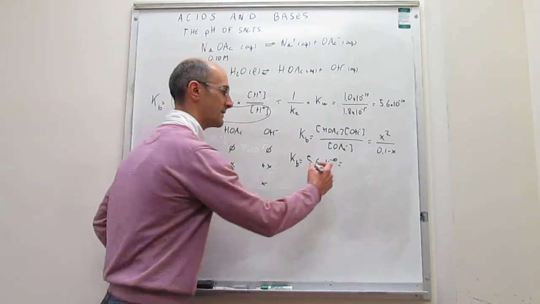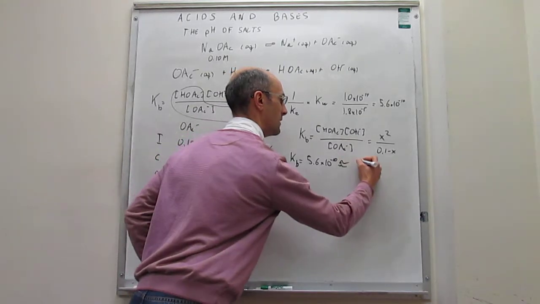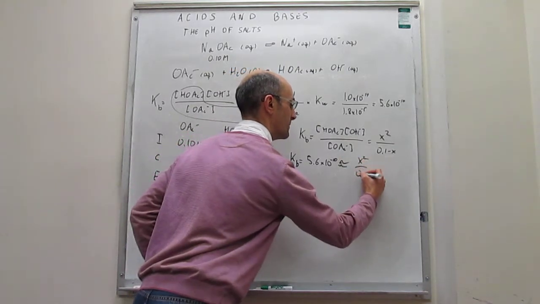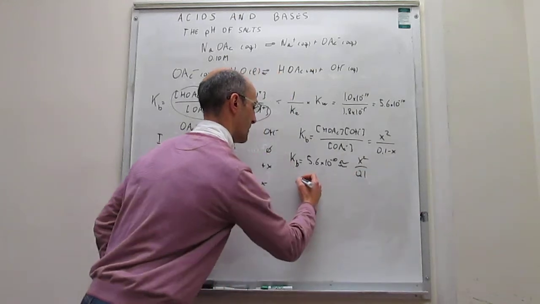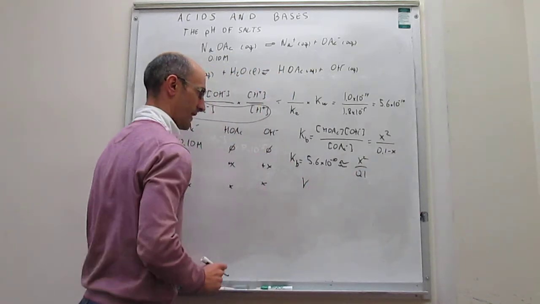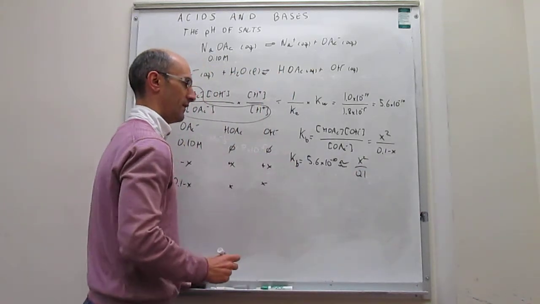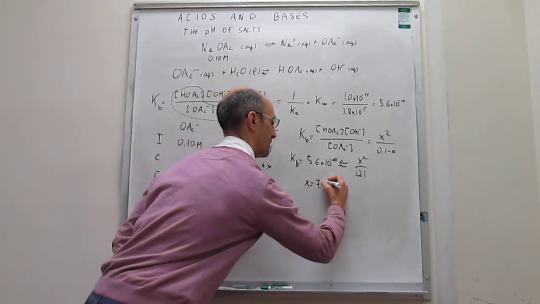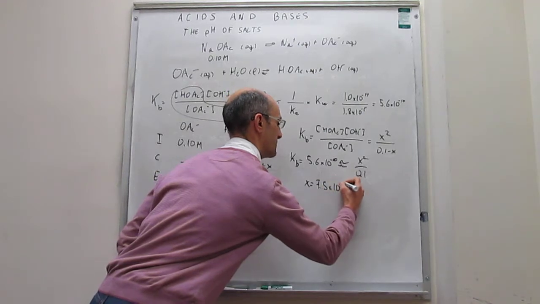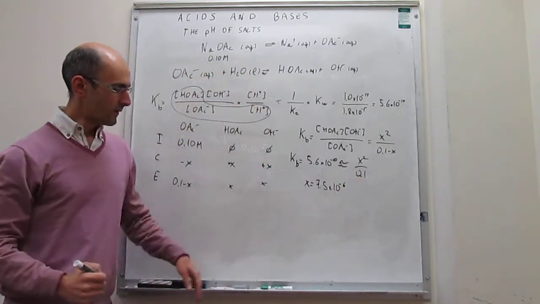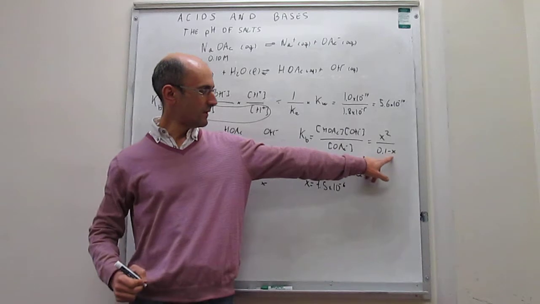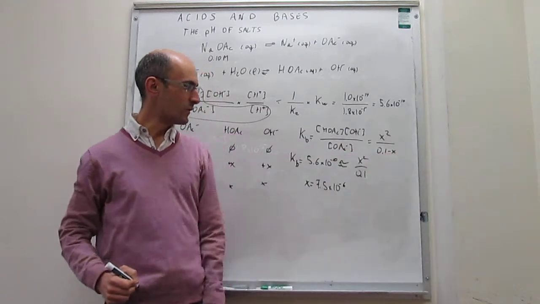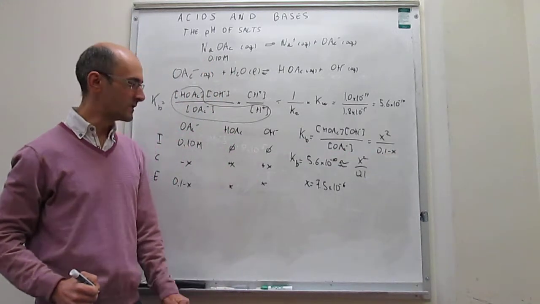So we can say this is equal to x squared over 0.1, and when you solve, x is equal to 7.5 times 10 to the minus 6. Clearly, with this value of x, neglecting x with respect to 0.1 is very legitimate.